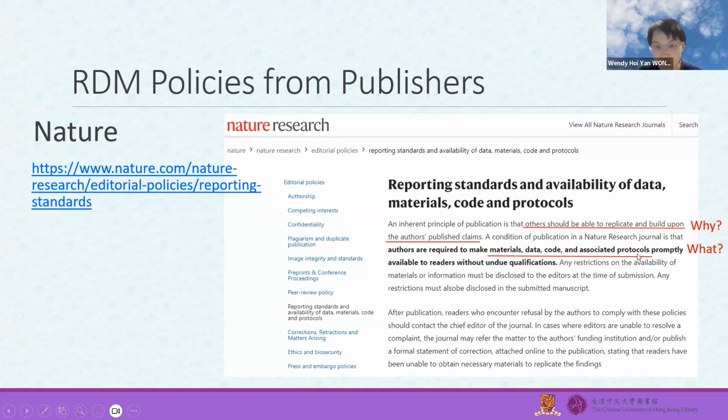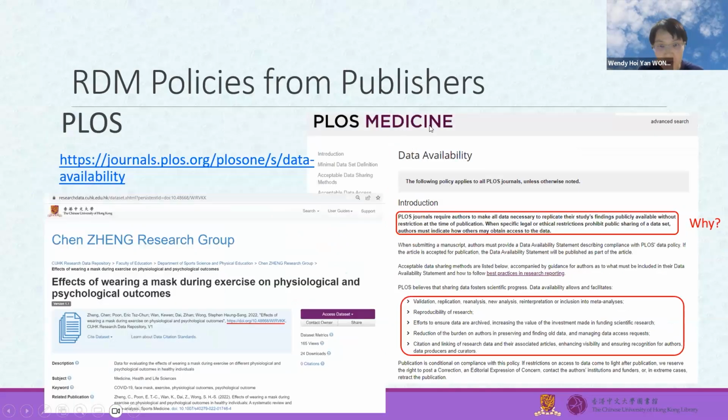For PLOS, here PLOS Medicine, but in fact all PLOS journals have the same statements. That's why research data management is important, because it allows someone else to know the legal and ethical restrictions beforehand, and to make sure the research output and the research claim can be replicated.